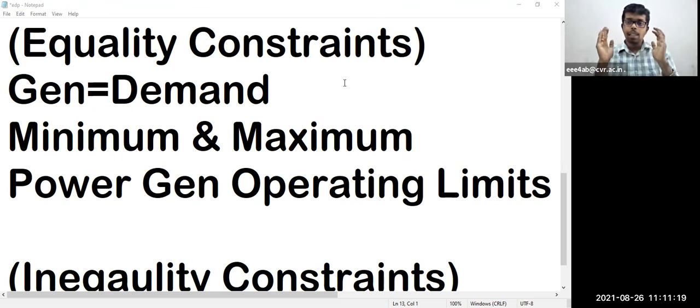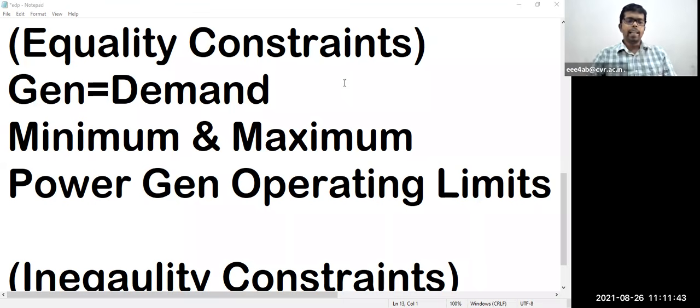You should have some constraints. You should not run below 800 megawatt and also not beyond the maximum of 1000 megawatt, because the maximum capacity of the generator itself is 1000 megawatt. That is called your minimum and maximum operating limits.